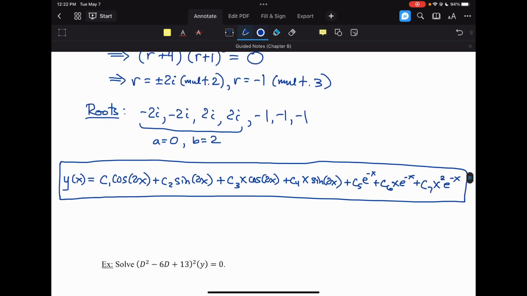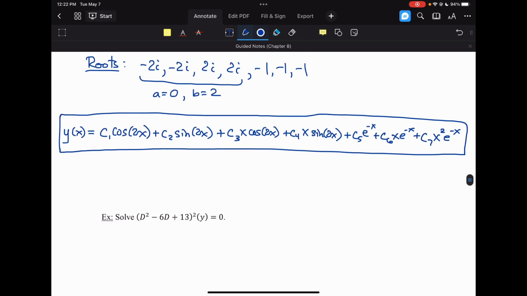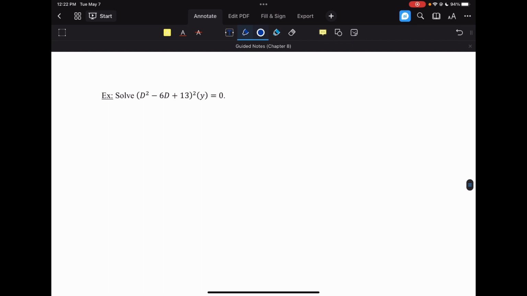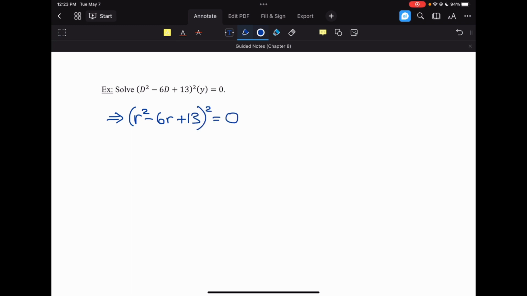All right, let's try one more. Solve this differential equation, (d squared minus 6d plus 13) quantity squared of y equals 0. So we get (r squared minus 6r plus 13) quantity squared equals 0. This is not factorable. 13 is prime, so you can't break that up in any realistic way.